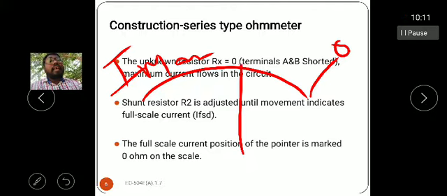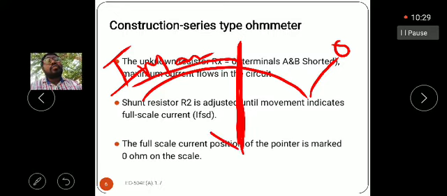Here, if the resistance value is 0, then the shunt resistor R2 is adjusted so that the movement indicates the full scale current, that means it shows the maximum deflection.